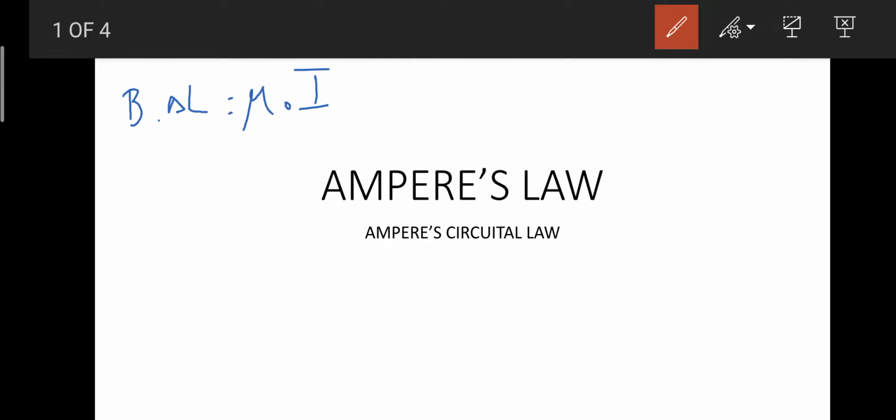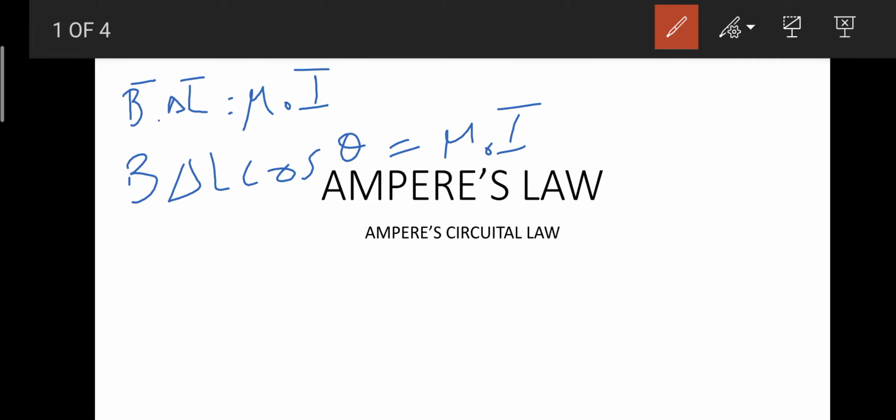If I want to open this dot product between the two vectors, I would write B delta L cos theta is equal to mu naught I. And we have already discussed that for any point in that particular loop, the angle between B and delta L is equal to 0 degrees.